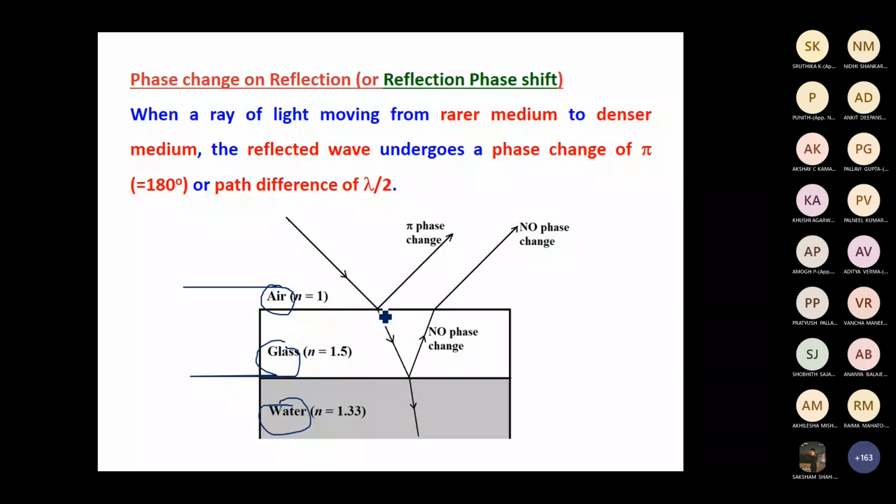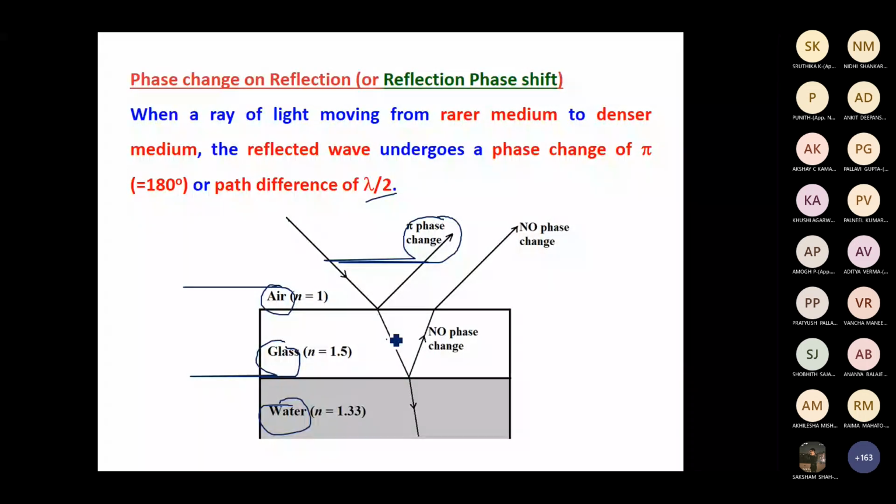We all know that the light is partially reflected and partially transmitted, that is, refracted. And again, when it comes to the interface here, it is again refracted and reflected. The ray coming out from the bottom surface of the glass in this case will undergo no phase change, because the moment the light enters the glass, you should forget that it is in medium 1. Now the light is traveling in a medium of refractive index 1.5, which is denser compared to 1.33.